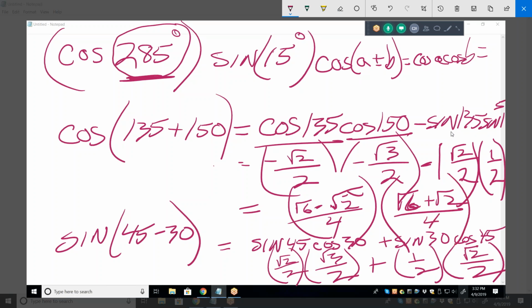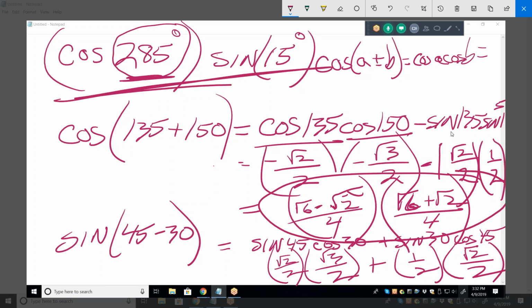Correct? I think so, but hold on. Root 6 over 4, that's root 2 over 4. Add them together, you get root 6 plus root 2 over 4. And the only reason I multiplied here is because that's the original problem. In other words, I've skipped a step because I ran out of room.